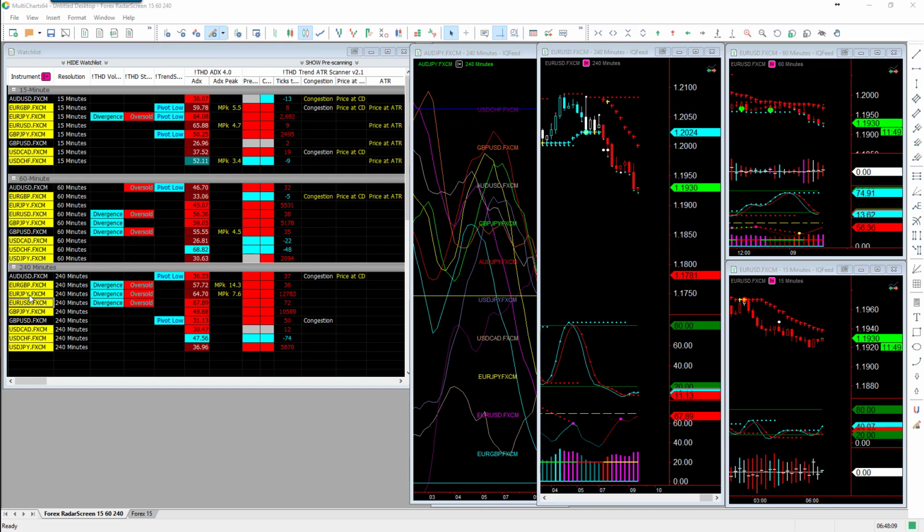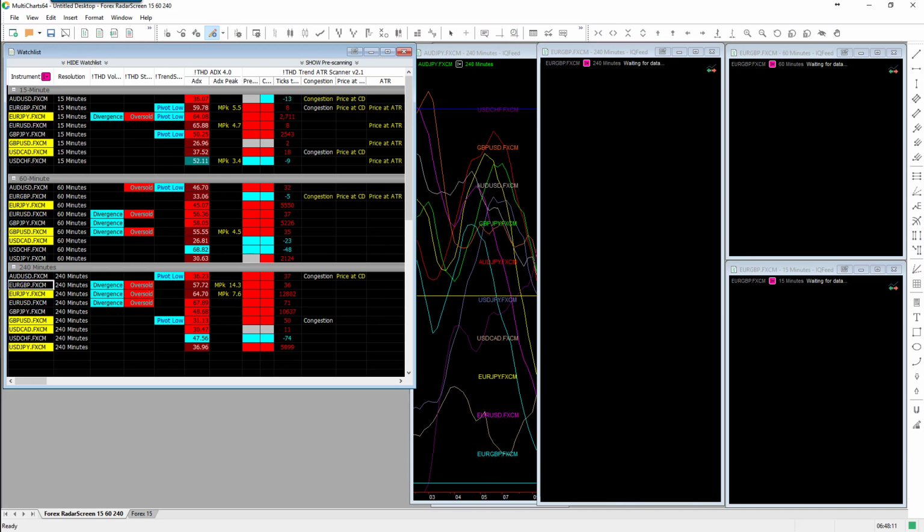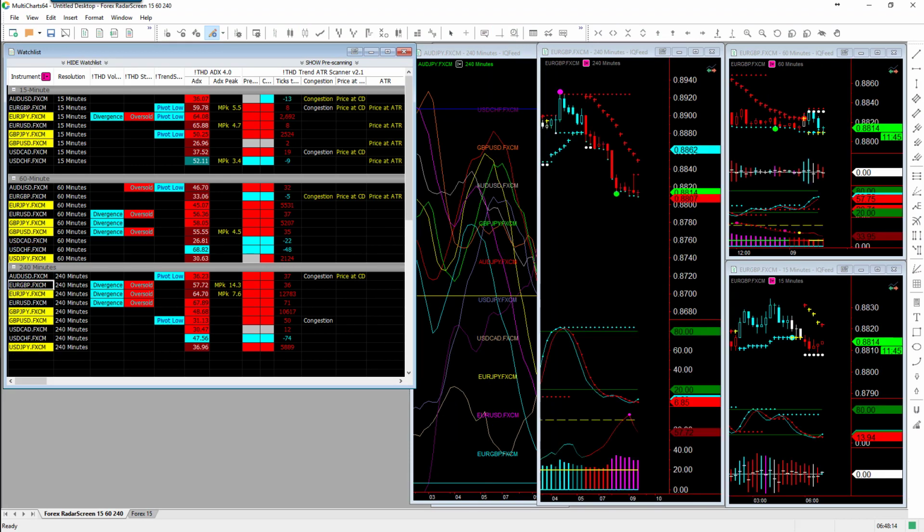If we go and look at the euro British pound, you will see also that the sellers decreased as new lows were made. You can see that here, and you can see it here. You can also see that we had several instances of trend divergence.